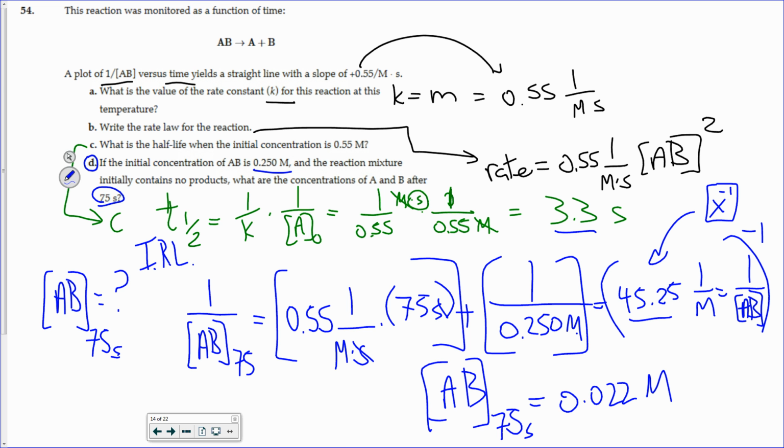So multiply those together, close our plus, and then open a set of parentheses, invert that, and then add them together. And that should come up to the 45.2. Okay.